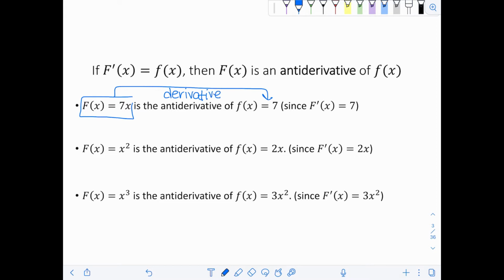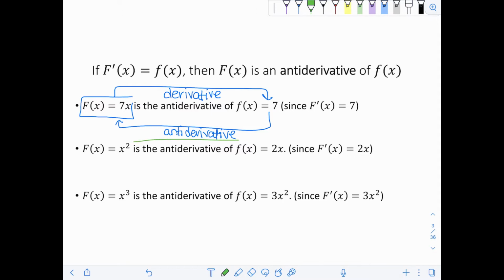But now we're going to say to get the antiderivative is to go from 7 and then come up with the 7x. And when we actually do look at the rules for integrals and antiderivatives, you're going to see that we're doing the reverse of what you would do to take the derivative. And if we keep going, same idea for the rest of them.